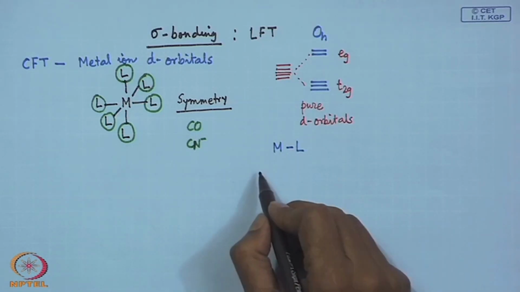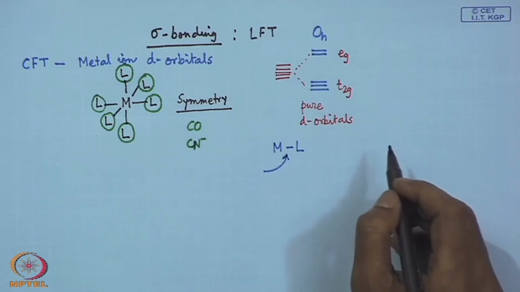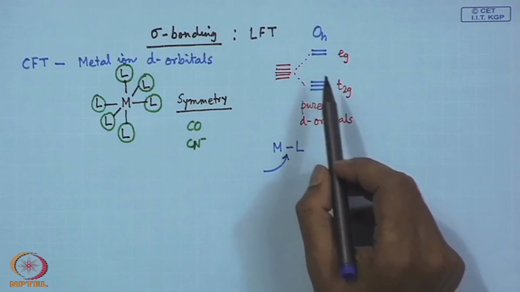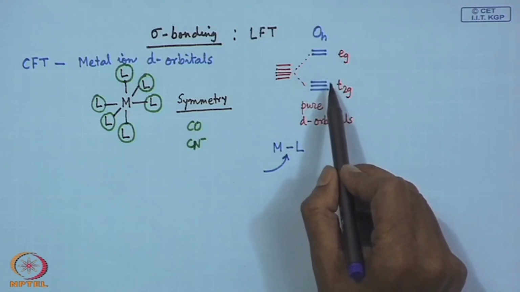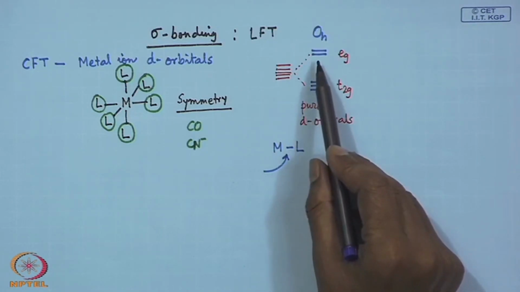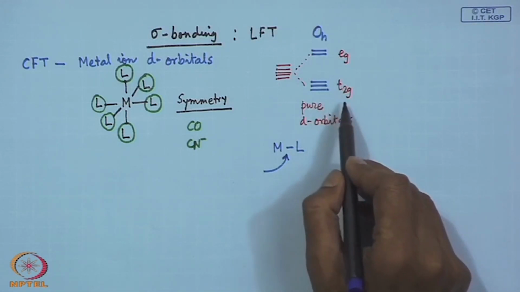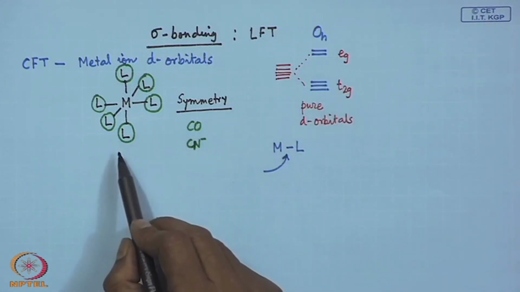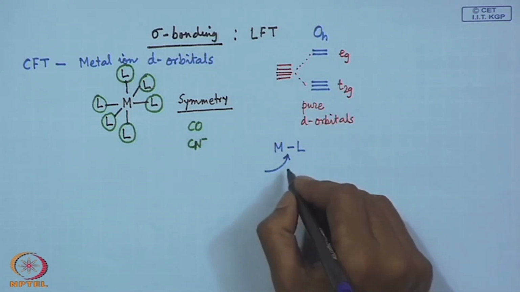So we should not talk about anything where only the pure metal ions are involved, with the placement of the different number of unpaired electrons in the T2g level and the Eg level only. But the symmetry level remains the same, because we are having the same crystal field in octahedral geometry.